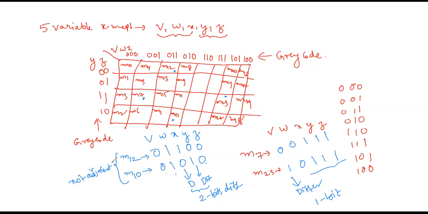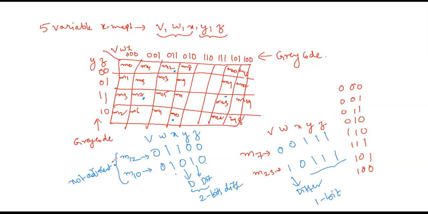Okay. In today's class, we discussed the K-map format: 2 variable, 3 variable, 4 variable, 5 variable, and we discussed cell adjacency. Each cell is made up of a minterm. Each square is made up of a minterm, and these squares are called adjacent cells if there is only one bit change.